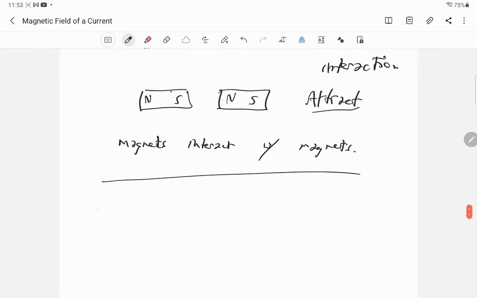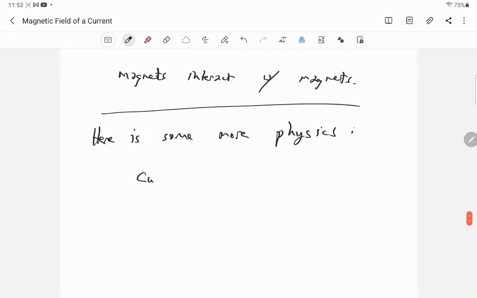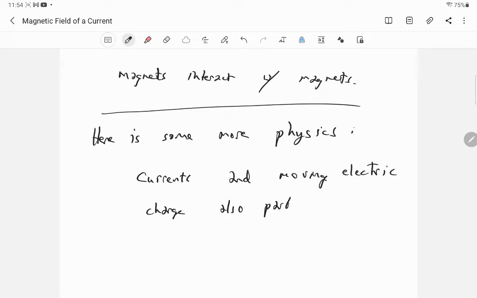But you've also heard, here is a little bit more physics. Currents. So current carrying wires, right? Currents and moving electric charge also participate in magnetic interaction.